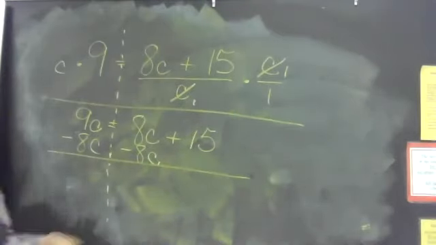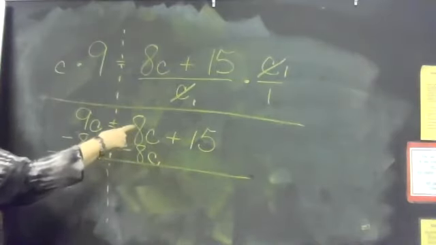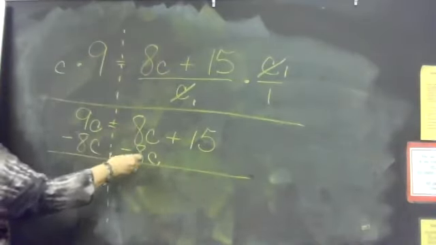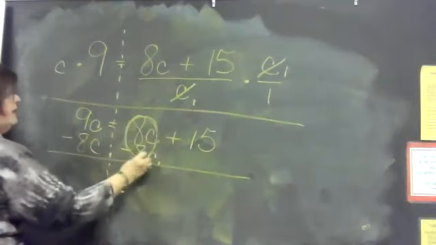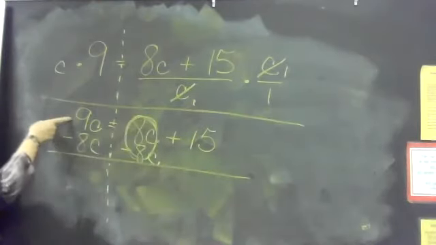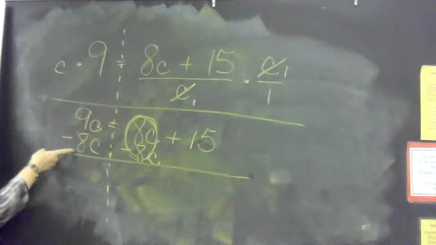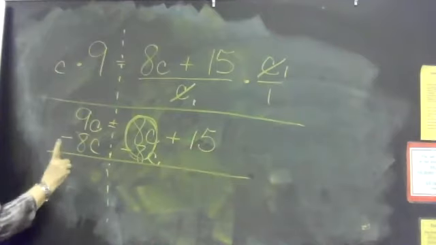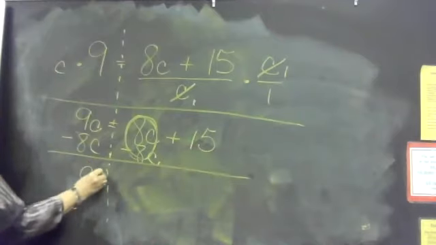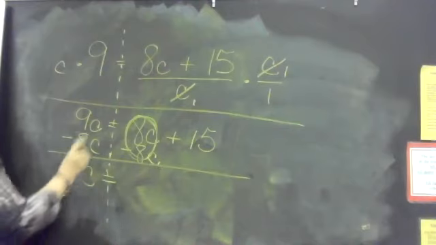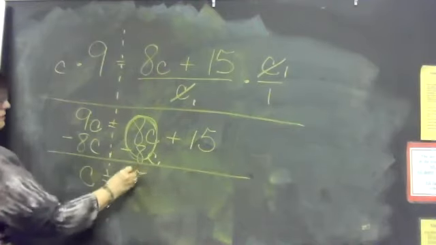So now I have 8 C's and I took away 8 C's, so I don't have anything left here. I have 9 C's and I took away 8 of them, so I have 1 C left. I don't write the 1. And on this side, I have a 15.